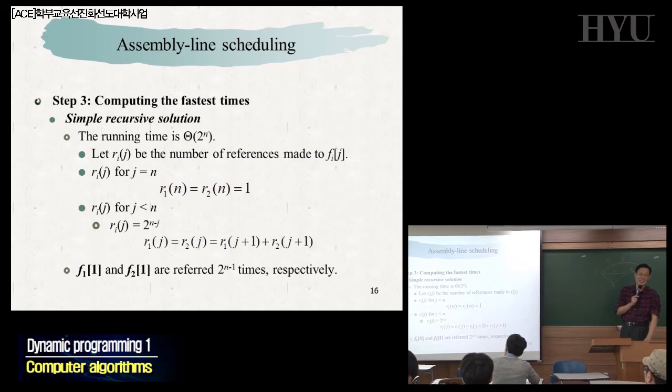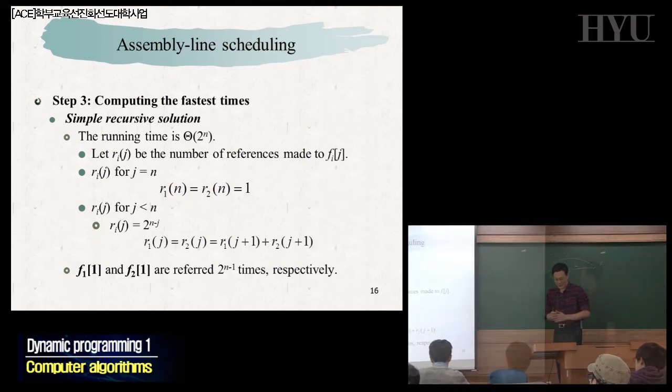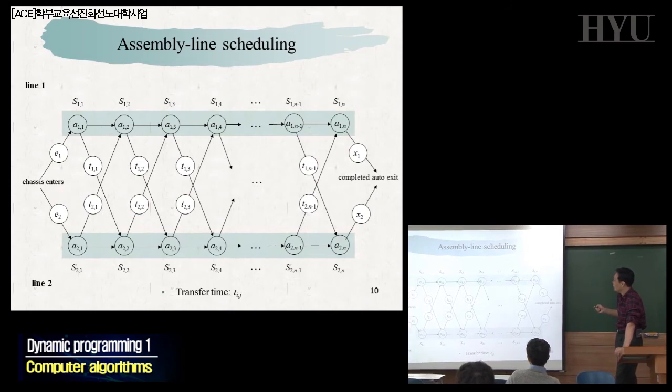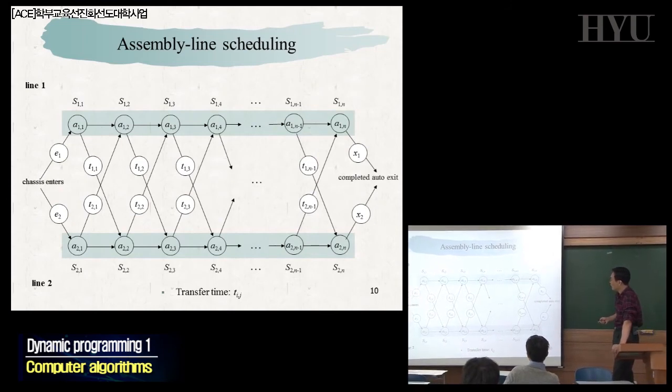Why? First, we make two recursive calls. One is on this, and the other is on this. And to solve this problem, we call recursively on these two stations, right?